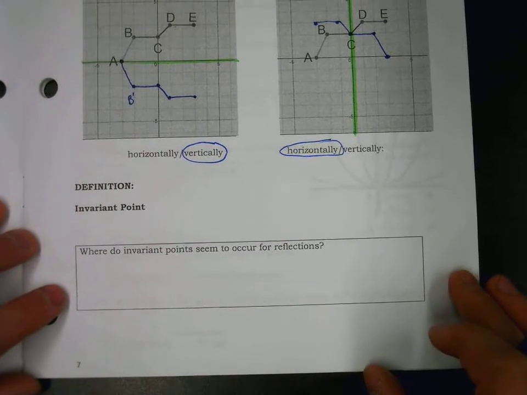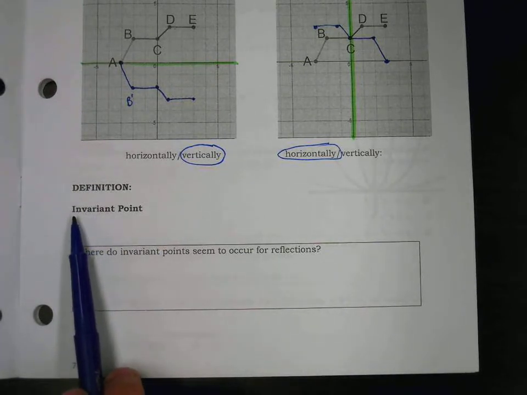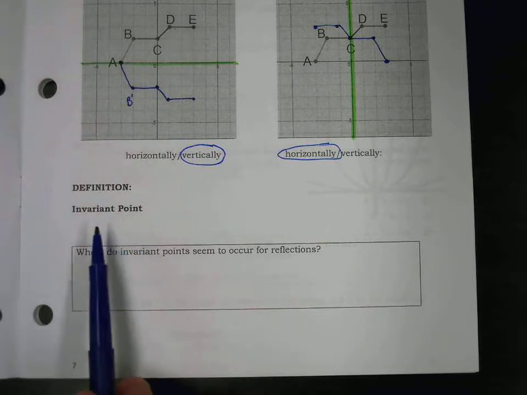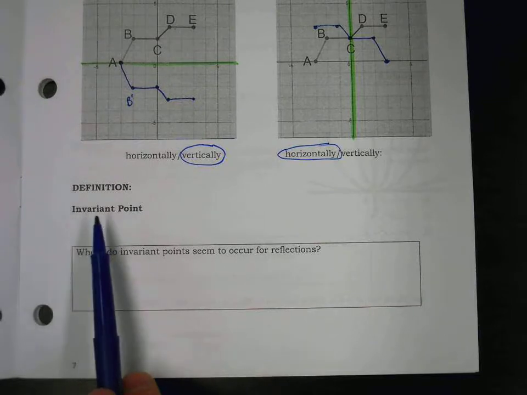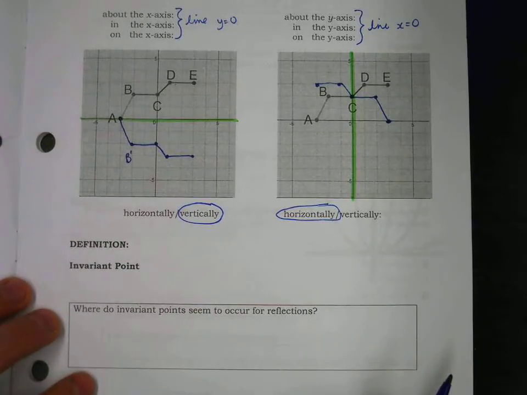So what you might notice is that there were a few points that were not changing. And we saw this definition last year under the name invariant point. Now the word invariant refers to not varying or not changing. So there were a couple points that didn't move.